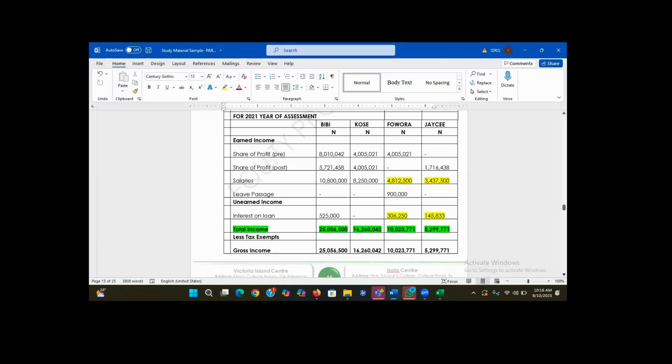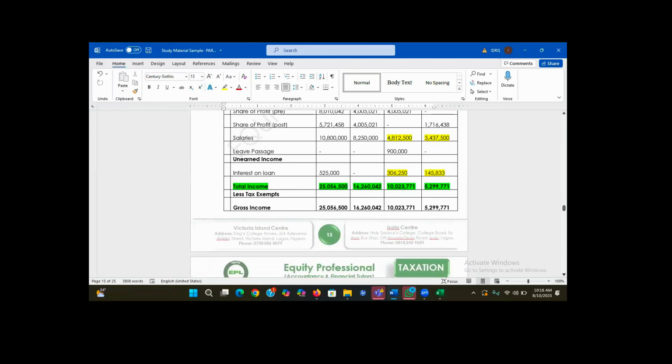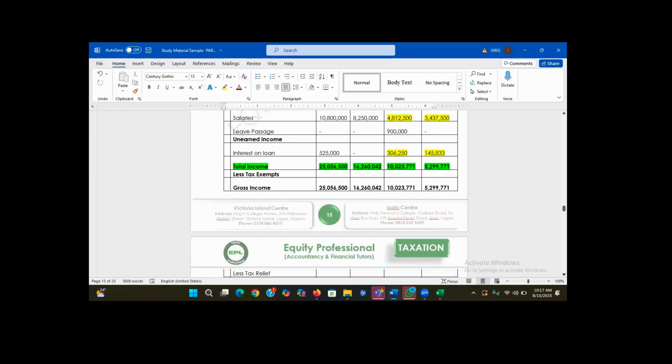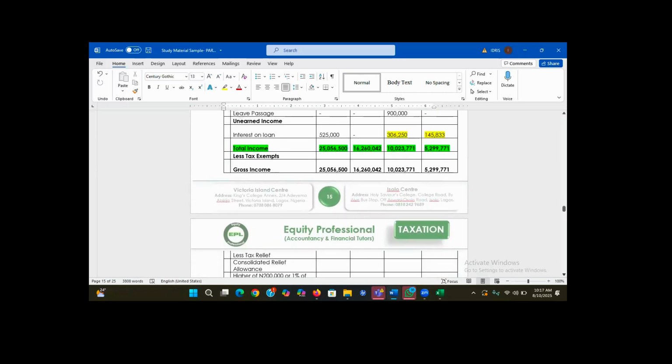That means the total income for BB is 5,056,500.